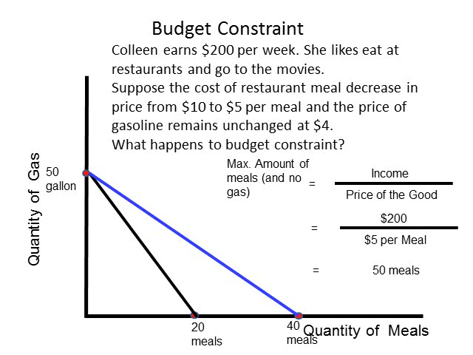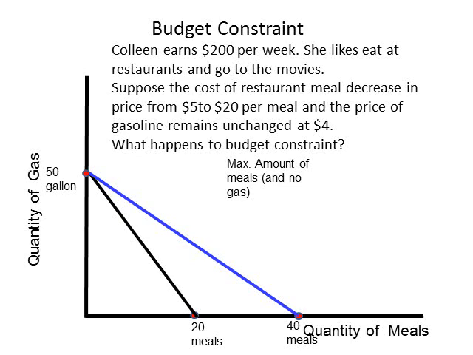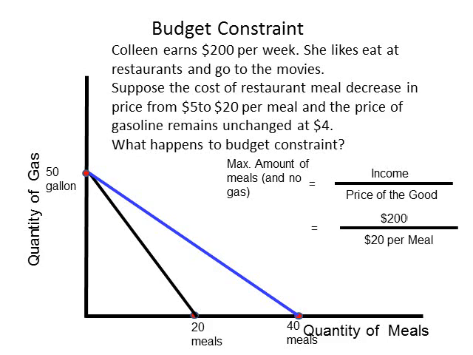Let's see what happens when the price of meals increases to $20. First, we need to remember that the formula for calculating the maximum amount of meals is income divided by the price of the good.